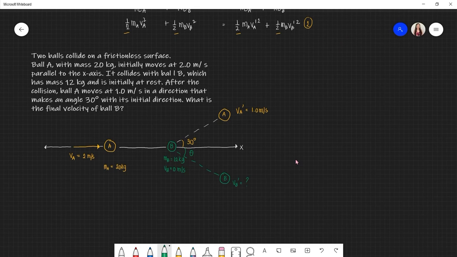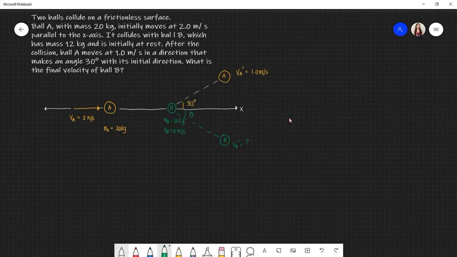Because this is already two-dimensional, we consider now the x and the y component. So the momentum conservation equations will be considering both components, the x and the y component.